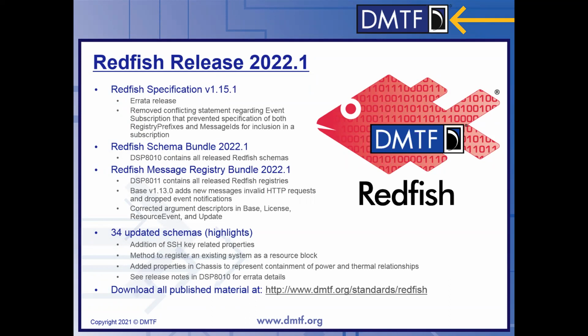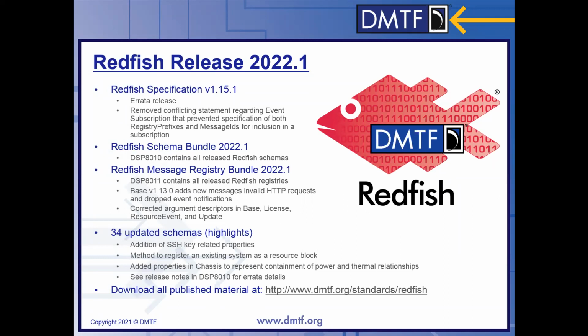There was a conflicting statement in our event subscription clause that was preventing folks from doing filtering based on registry prefixes and message IDs. As we'll get into some of the additions to event subscription, you'll see why we suddenly realized that statement was in conflict. That one's been resolved.